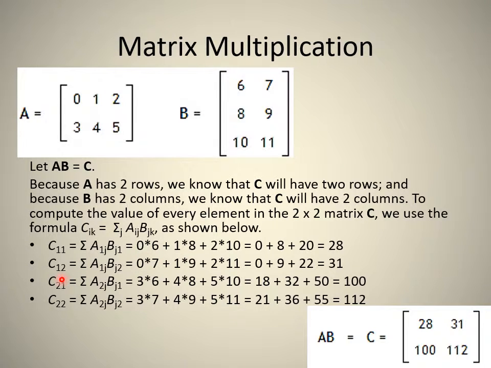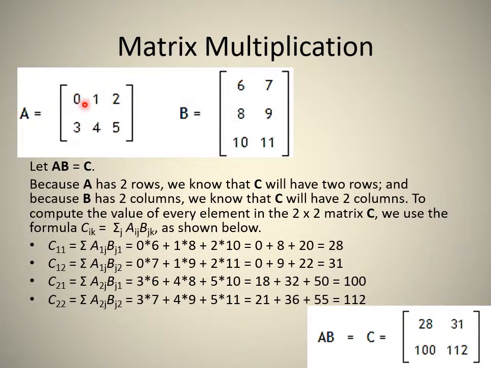So our first element that results from this multiplication would be summing up a lot of multiplications. So it's 0 times 6, our very first element in A times our very first element in B, plus 1 times 8.